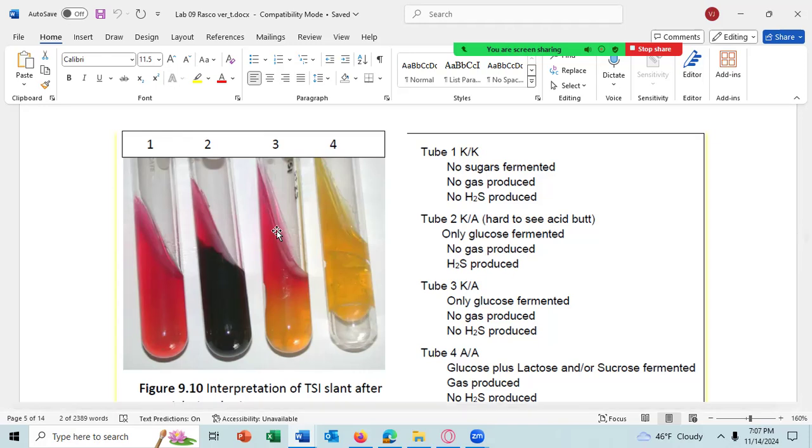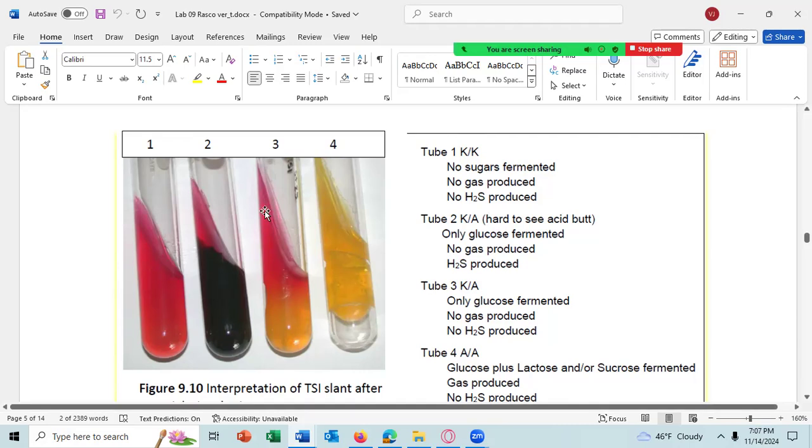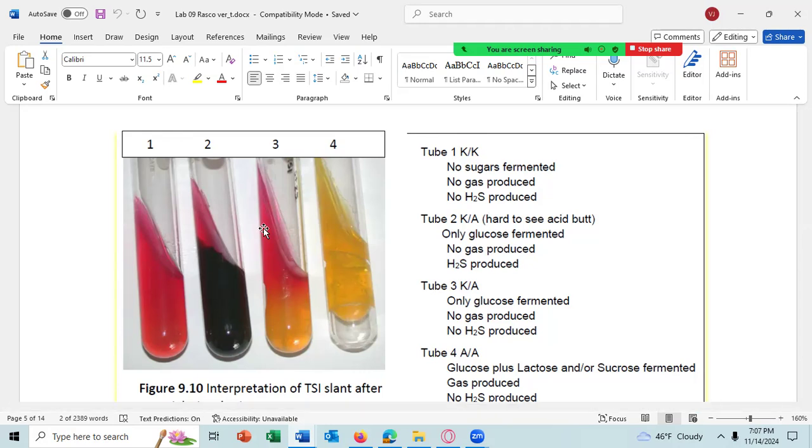And so if we had looked at this earlier, you'd normally look at this about 18 hours to 24 hours after inoculating it. And if it's red here, all the glucose was used up. But if you looked at it earlier, that would have been yellow. What happens is the bacteria, once they use up all the glucose, will then start utilizing protein, which is in the media.